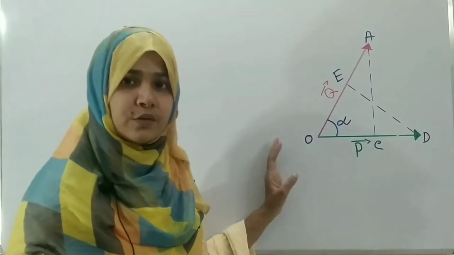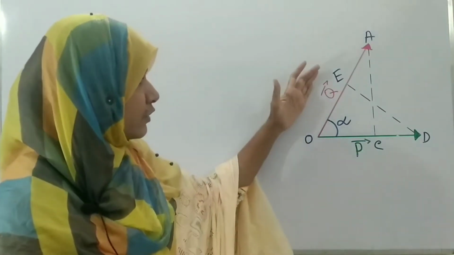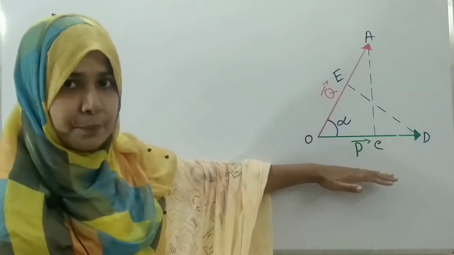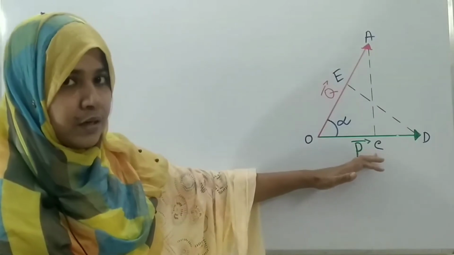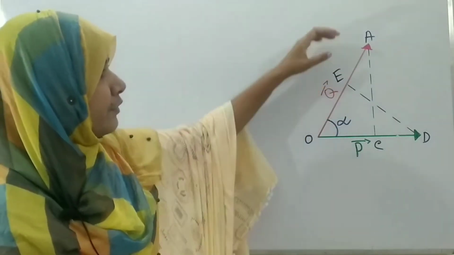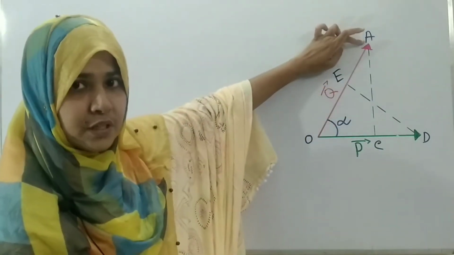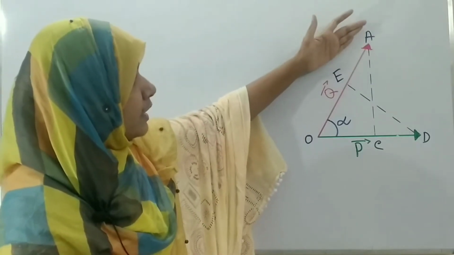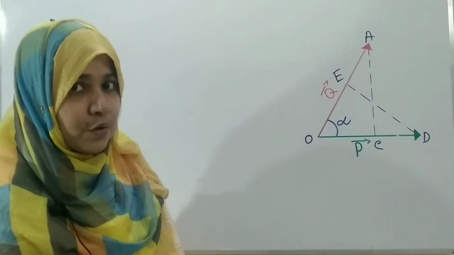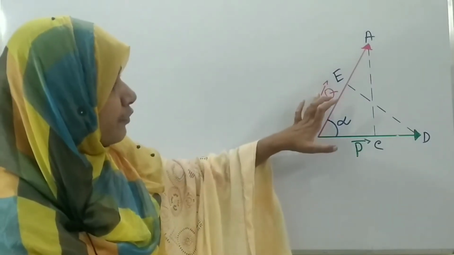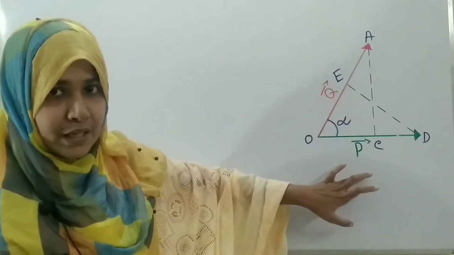So if we want to calculate the projection of vector Q on the vector P, here you can see that I draw a perpendicular. That means if we lighten up this portion of vector Q, then the shadow which will fall on the vector P is known as the projection of Q on P.